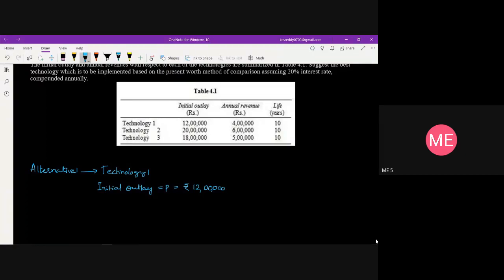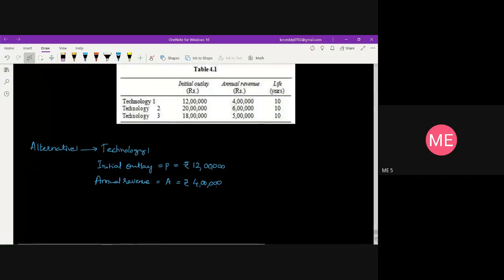And the annual revenue, the annuity, is given as rupees 4 lakhs. This means there is an annuity at the end of every year, which is a cash inflow for the organization.